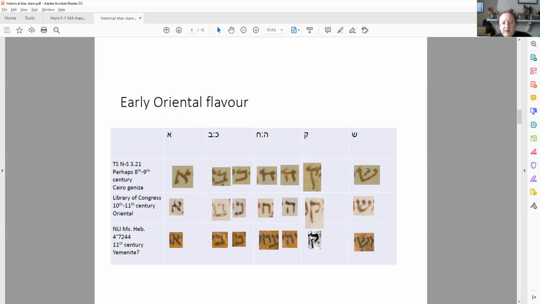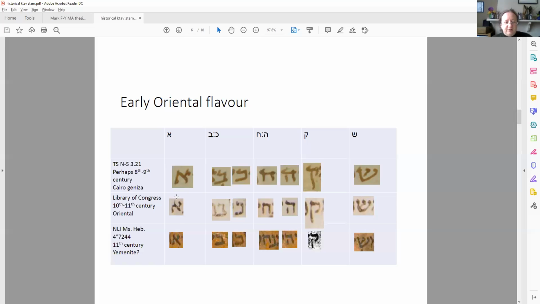And this funny little triangle, diamondy thing on the top of the shin there. The middle of the shin's not attached to the vertical. That's something that I wouldn't let any of my students get away with today. And then over here we can see aleph makes this triangle shape where the leg is attached right at the very end of the diagonal.